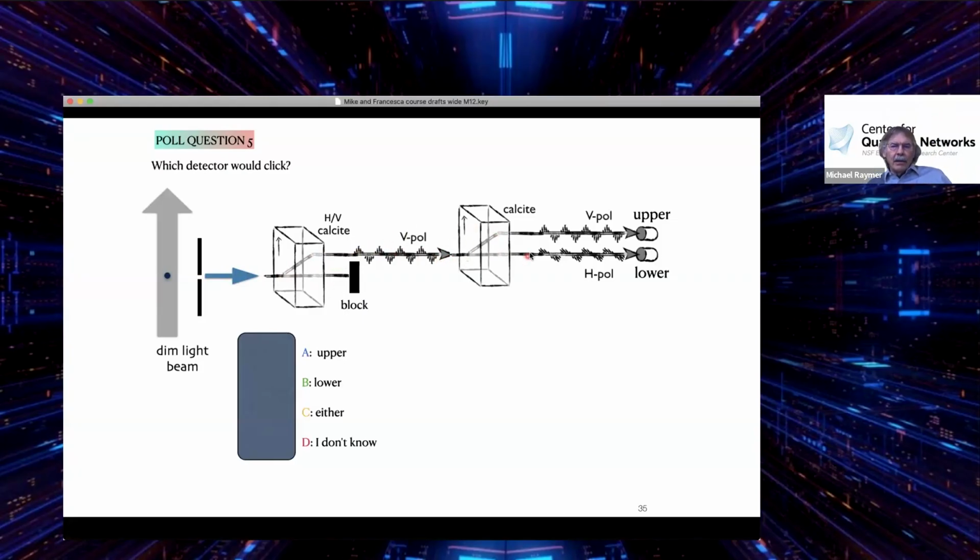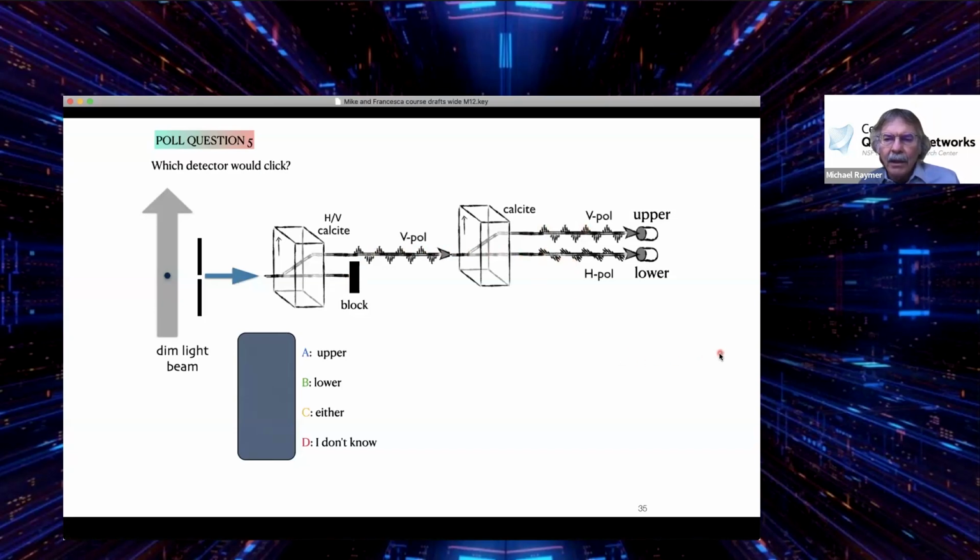So in this second crystal, we already know what the rule is. Even though we didn't look at it, we know this light is vertically polarized because nothing hit the block. Say we put a detector at the block and nothing hit it. So we know there's a photon in the V polarized orientation. Now we put it through a second crystal. So now the question is, it could either go vertical again or it could go horizontal.